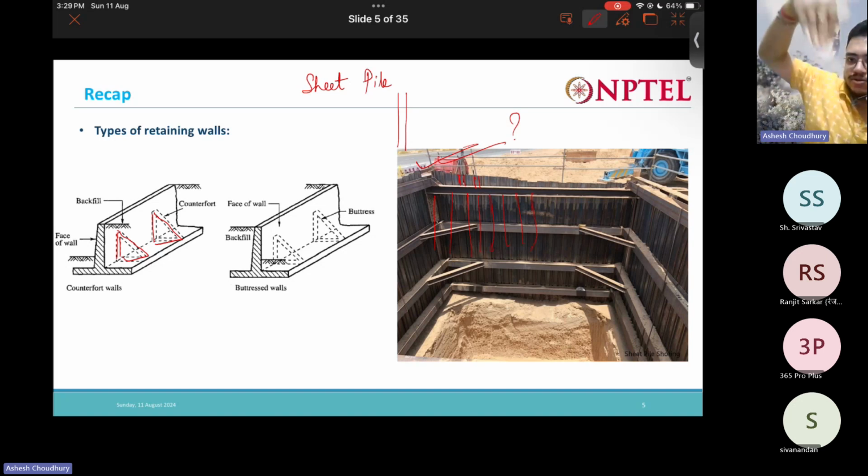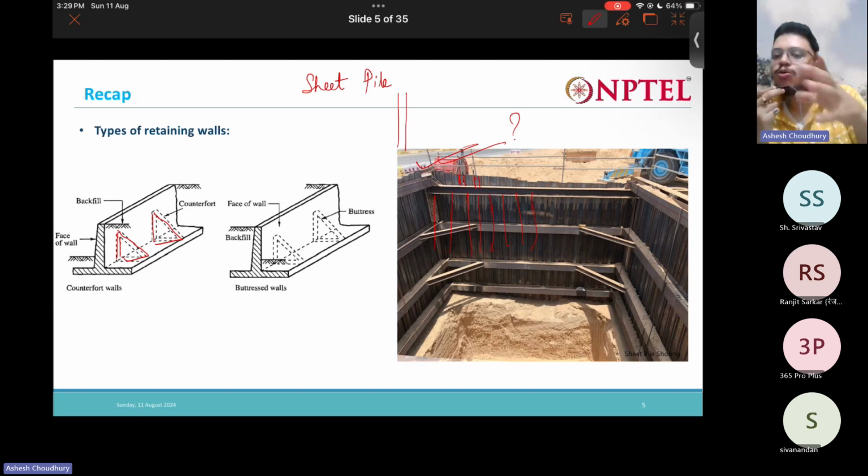Generally in bridge construction, say you want to construct a bridge over a river, there are many processes, but you have to construct the pier, so somehow you have to arrest the water.